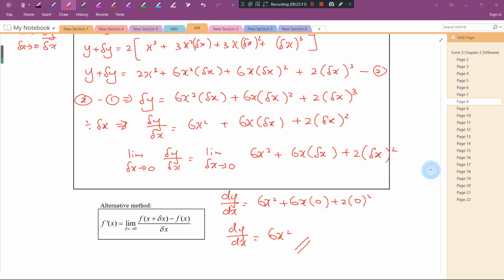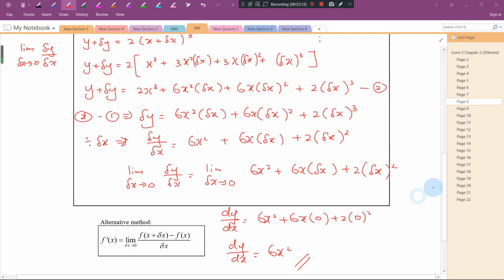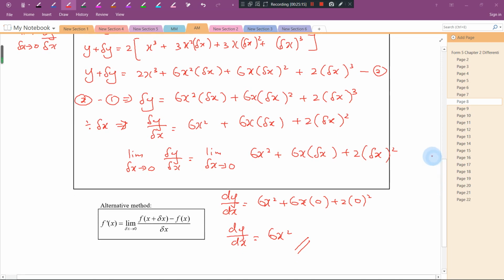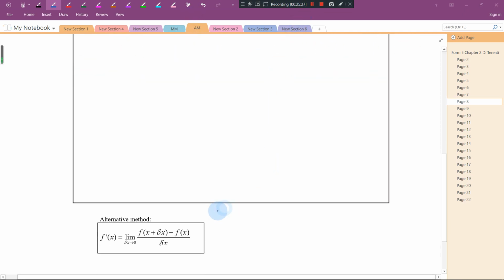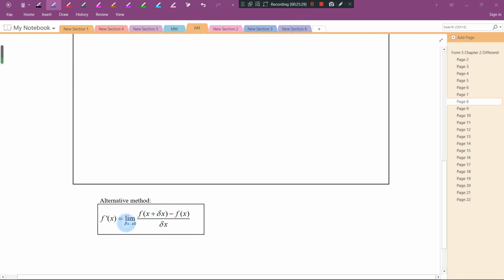Okay, so this is how we get the first derivative by using the first principle. So you will see this formula in your textbook as well. How to use this one? Okay, let me show you quickly how to use this formula. Because delta x sometimes is a little bit hard to write, some books will give you this.